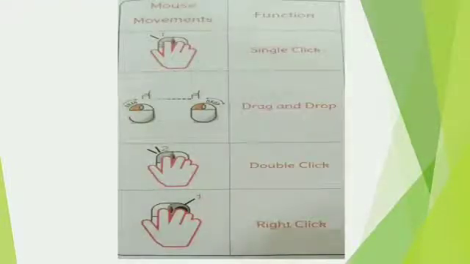Mouse movements and its functions. For single click, you have to select an object on the screen by pressing down the left mouse button with your index finger once and then you have to release the button, students.